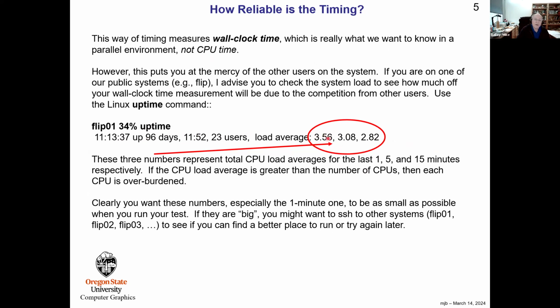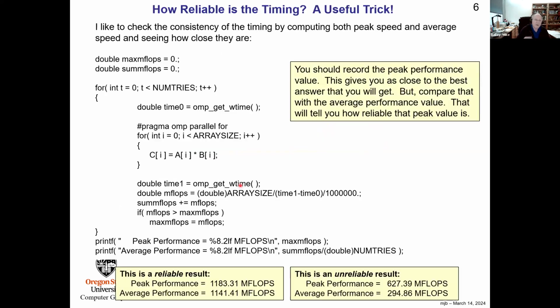This is the system load average for the last 1 minute, the last 5 minutes, and the last 15 minutes. If these numbers are big, like 10, 12, 15, don't run your timing test. You're going to get sucky results. If they're 3, 2, 1, that's kind of nice, then do run it. You will get pretty nice results.